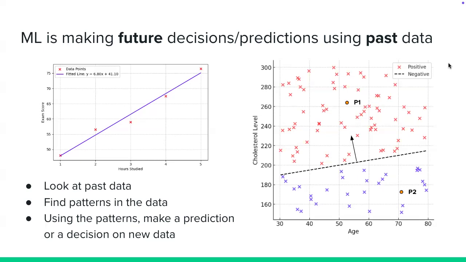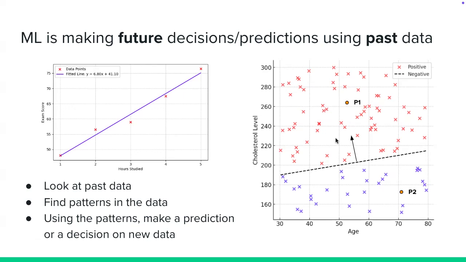We fit a line that separated the positive points, all the patients that have heart disease, from the negative points, all the patients that don't. Now, if any new patient comes, we can plug the age and the cholesterol level into the equation for this classifier, and we can mathematically figure out whether this patient has heart disease or doesn't.